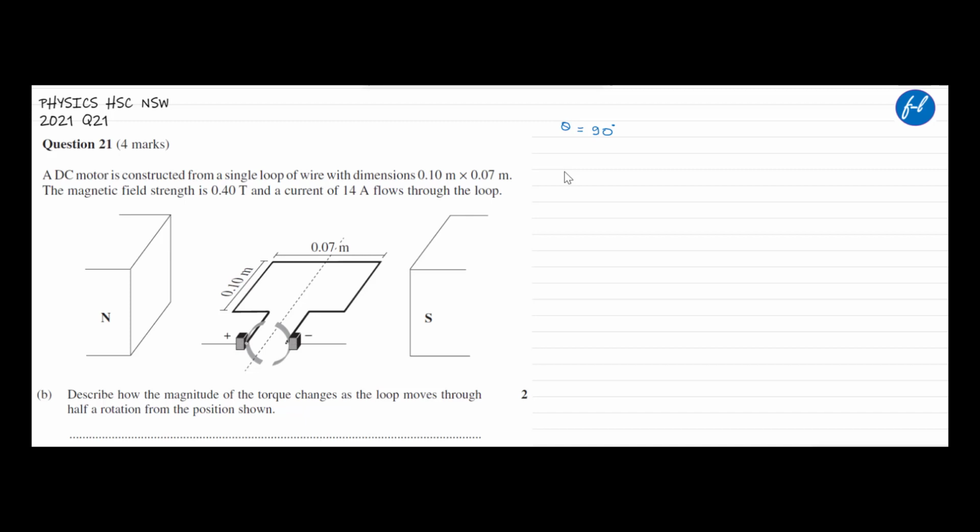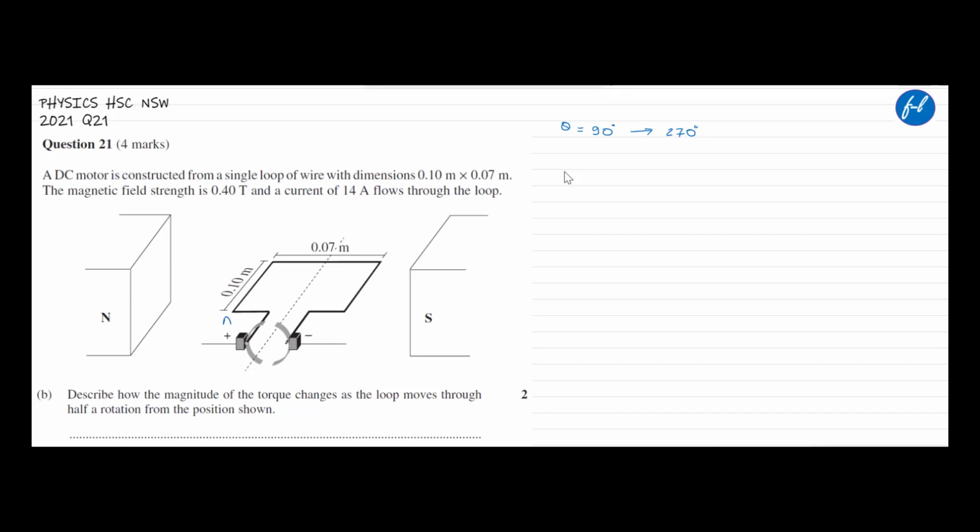A full rotation will be 360 degree, and the question says half a rotation. So from theta equal to 90 degree to 90 plus 180, that is 270 degree. But before we go into it, let's see the direction of the torque.